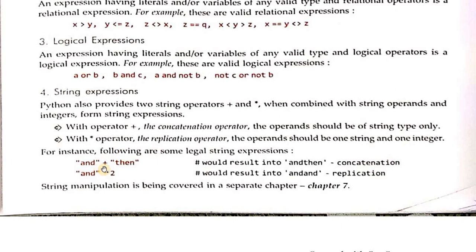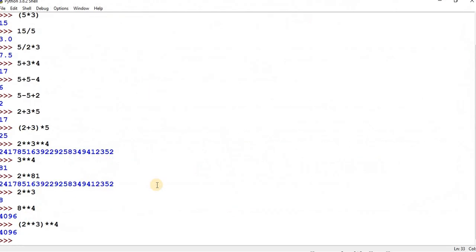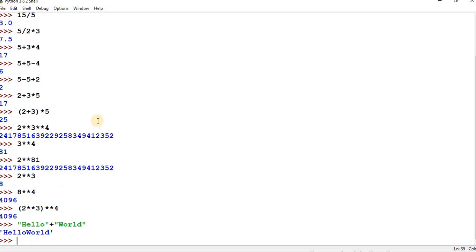When we apply the plus with string values, it will concatenate them. When you use the multiplication operator with a string, it will replicate that value. I'll show you with an example. Suppose one string is hello, and then if you are placing hello world, it will form a new word.